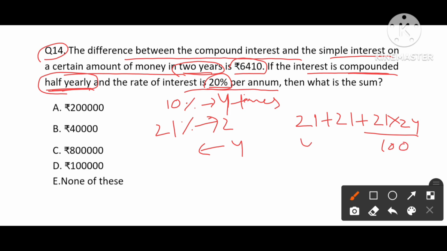So this will be 42 plus 441 divided by 100, which means 4.41. So totally we have 46.41. So for 4 times, which means for 2 years, the interest we received will be 46.41 percent.